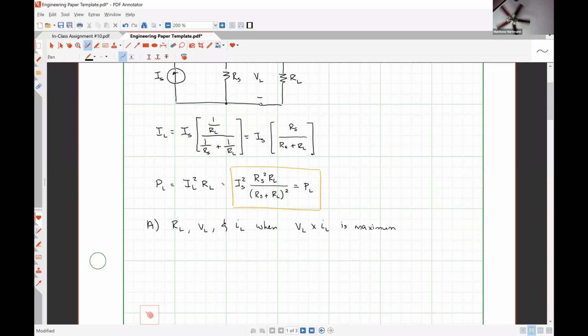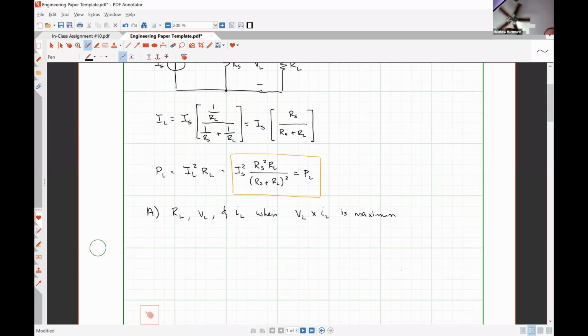So part A specifically is asking what the value of RL, VL, and IL will be when maximum power transfer occurs. Well, we know that maximum power transfer occurs when RL is equal to RS, by definition.